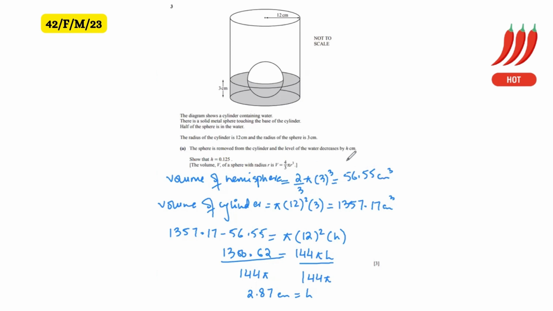So to show by what level it's decreased, we subtract 3 and 2.87, and that equals, let's keep it as 2.875. So that would give us 0.125 centimeters as shown in the question.